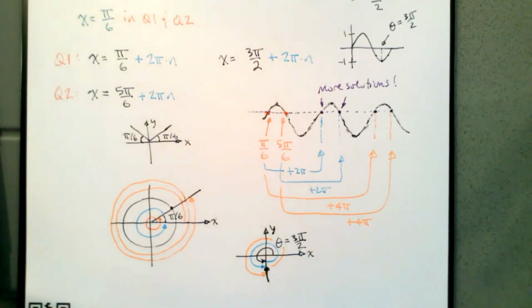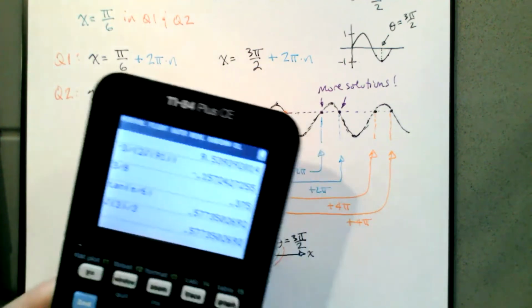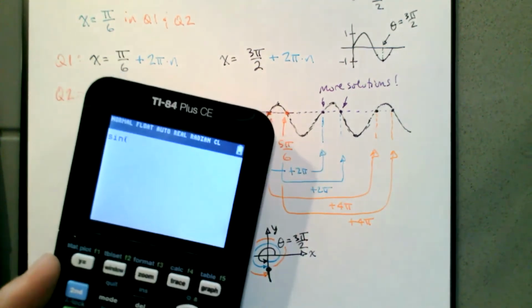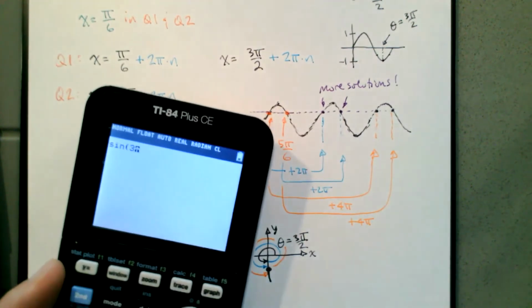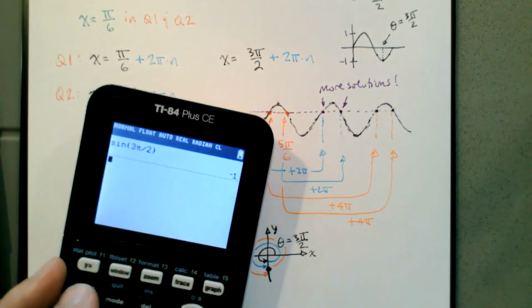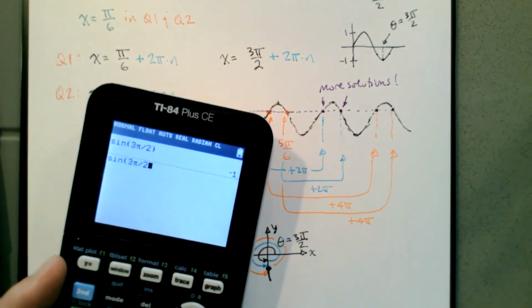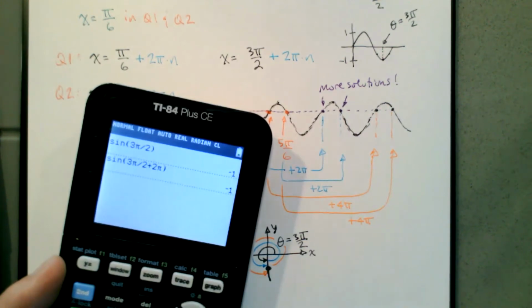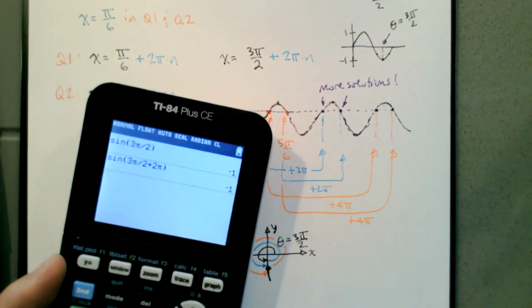Every time I add another 2 pi, that's just adding another full circle, and we're still talking about the same angle. So if we did the sine of 3 pi over 2, -1. If I do the sine of 3 pi over 2 plus 2 pi, one full circle, we get -1. If I add another full circle, that takes us to 4 pi, -1.